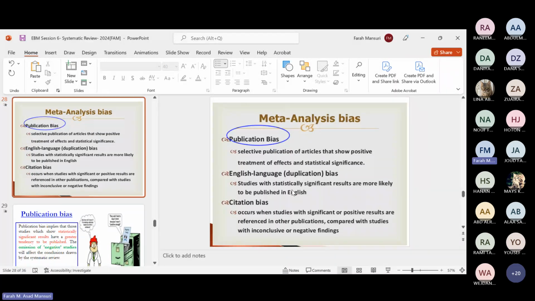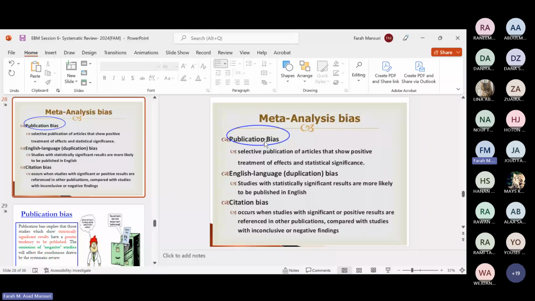But overall, we call it publication bias. Maybe some of the topics are best studied in Chinese, but we are including only the English language. So that means we are introducing a publication bias.